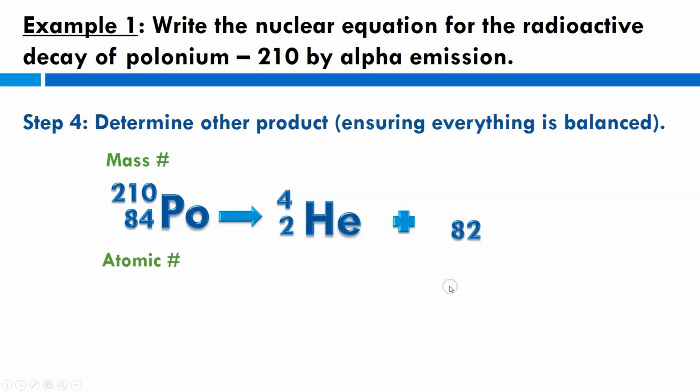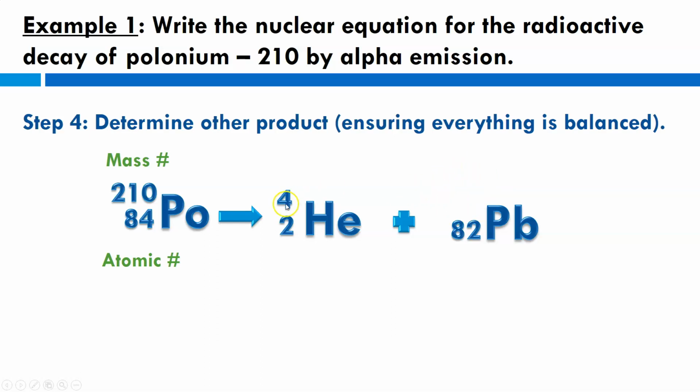Well, I'm going to get an 82 on the bottom. 82 plus 2 equals 84. If I look at my periodic table and I find 82 protons, I find out that that's lead. I don't necessarily take the isotope number from the periodic table. I'm going to calculate it myself because it may be a different isotope than normal.